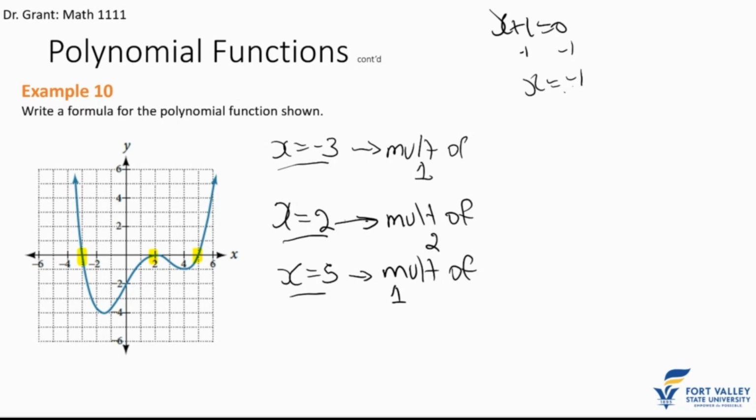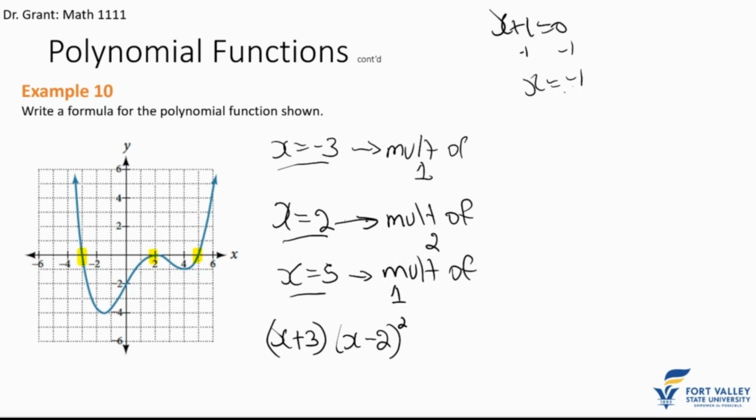Here, this is a -3, so my factor would be x plus 3. The multiplicity is 1, so we'll leave that. Here we have a +2, so my factor would be x minus 2, and this has a multiplicity of 2, so I'll put my 2 here.